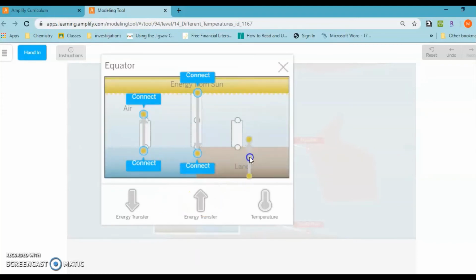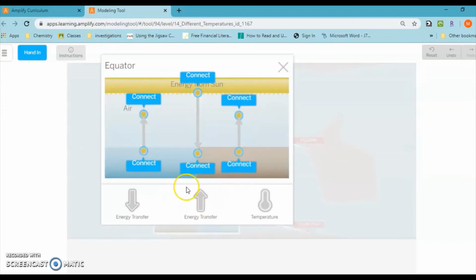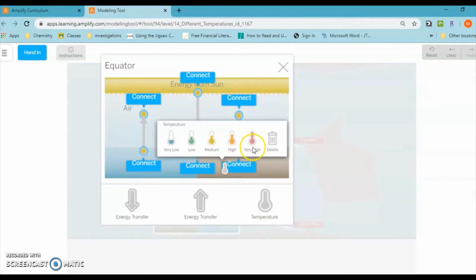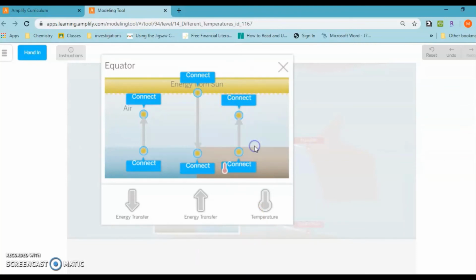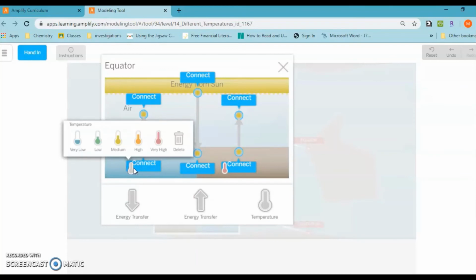So I'm going to put my other arrow to show the transfer to the air. Boom. And we're going to look at temperature. So this is the equator. At the equator, I know that this is a direct connection, so I know this temperature is going to be very high. I'm going to put my temperature over here, and I'm going to make it high.